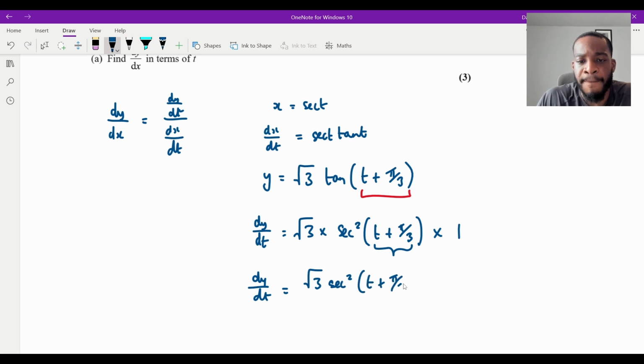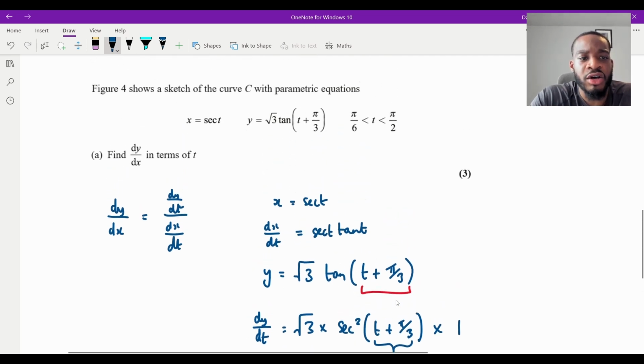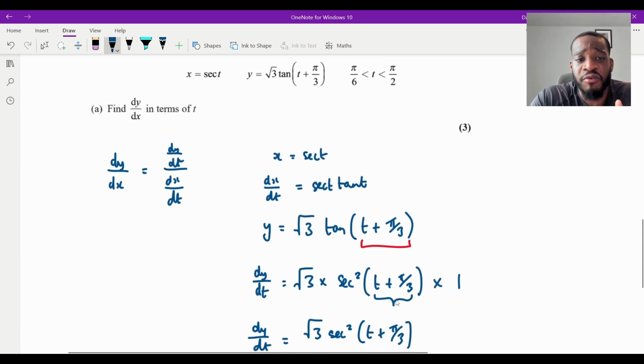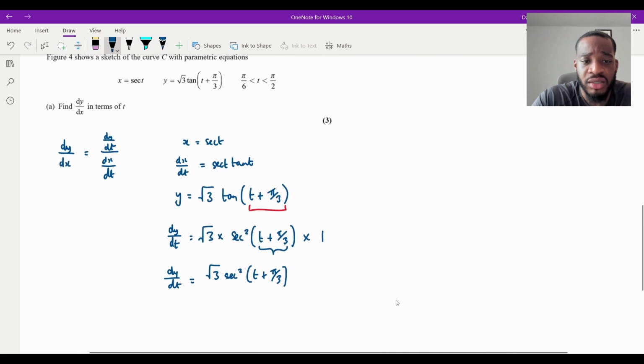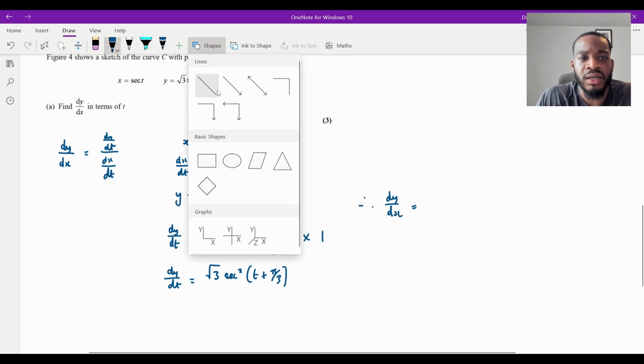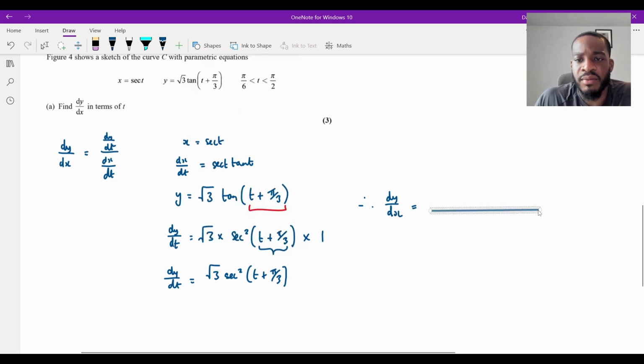Now, they didn't ask for any specific format, so for the 3 marks, just put one on top of the other, dy/dt over dx/dt, and then you're done. So I'll do it here. Therefore, dy/dx is going to equal, with a fraction bar, root 3 sec squared (t plus pi over 3), and the dx/dt was sec t tan t, wasn't it?